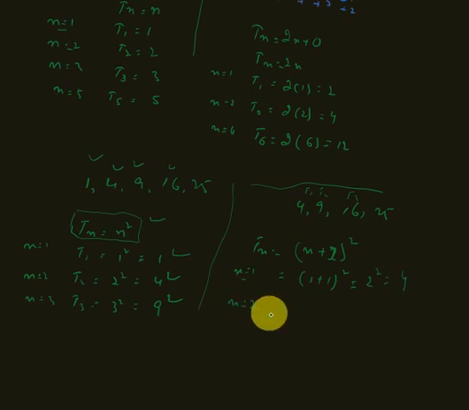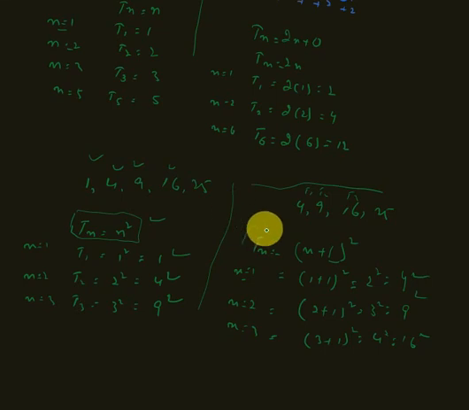Now n is equal to 2, it means 2 plus 1 squared, which means 3 squared, and it is 9. And n is equal to 3 means 3 plus 1 squared, it is 4 squared, and it is 16. So 4, 9, 16, 25 and so on.